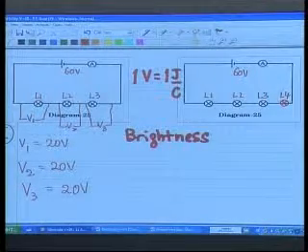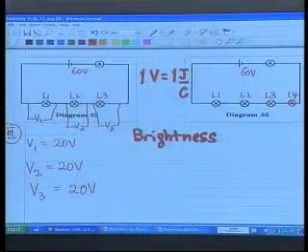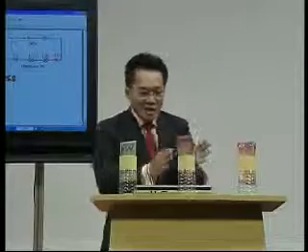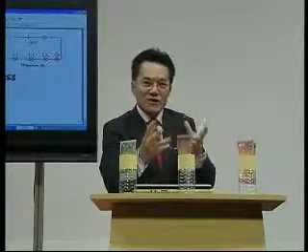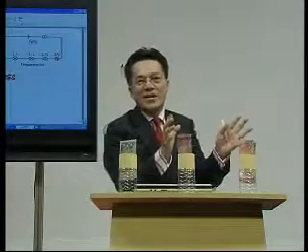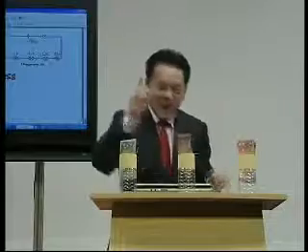In diagram 3, you notice that you have 20 volts for each light bulb. Each of the light bulbs has this much of energy. Okay, I call this the energy. Alright, I always do this in class. 20 joules of energy for every 1 coulomb.